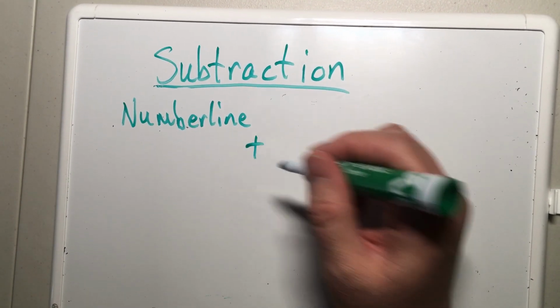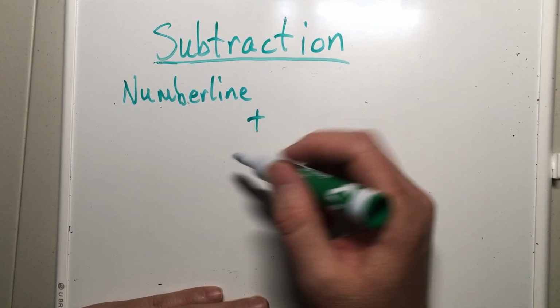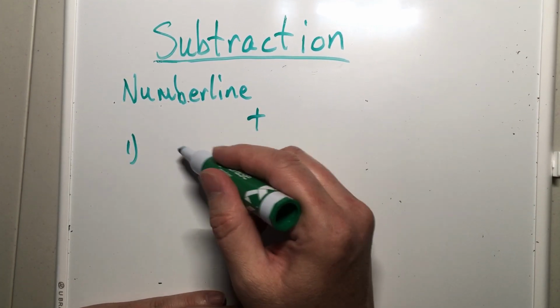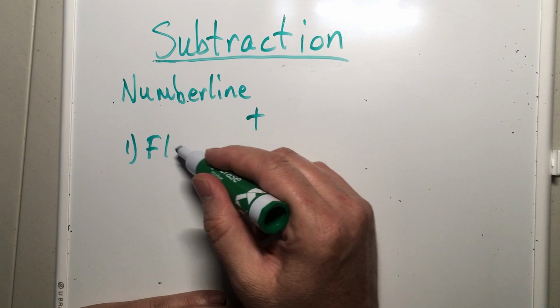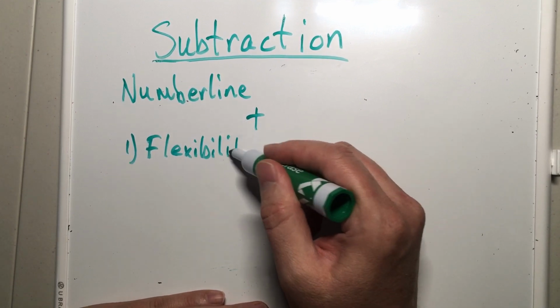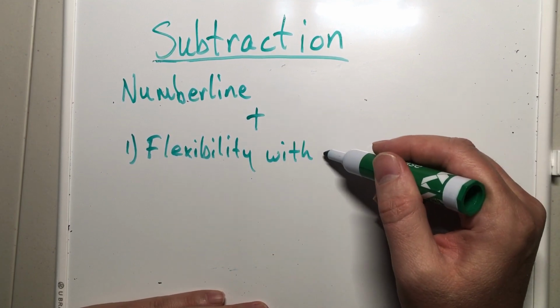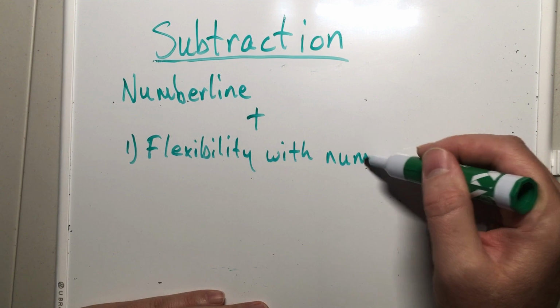Advantages of using a number line for subtraction. Okay, there's a couple. The one thing that I love the most is the flexibility with numbers. The kid that's the most advanced in class and the kid who's not can both do this.